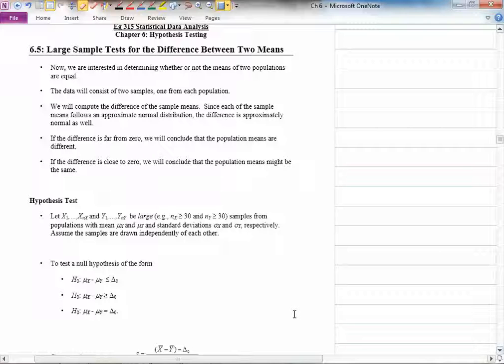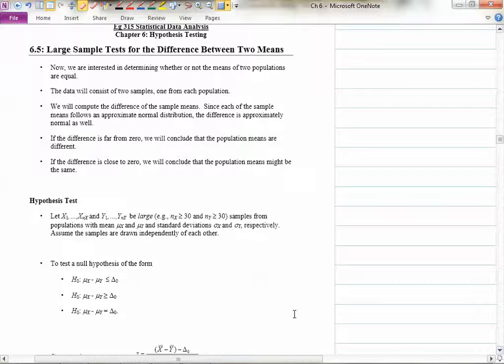Just like we did with confidence intervals, let's start thinking about how we would very often like to compare two means. Here's a mean with a treatment, here's a mean without a treatment. Are they different? Is one bigger than the other? And we would like to test that at the 5% level or 1% level, whatever the case may be.